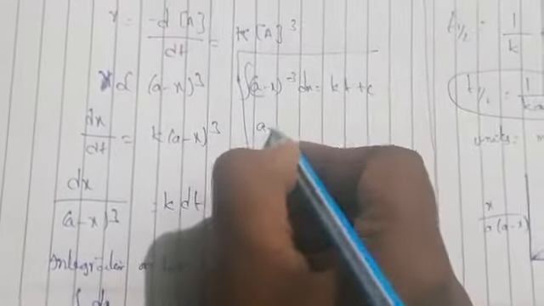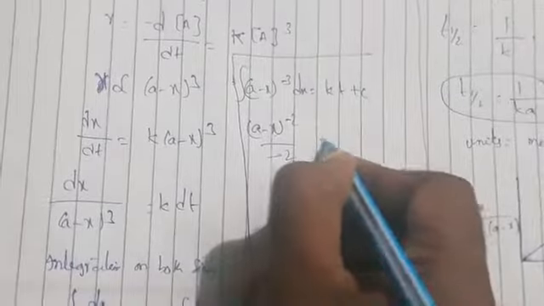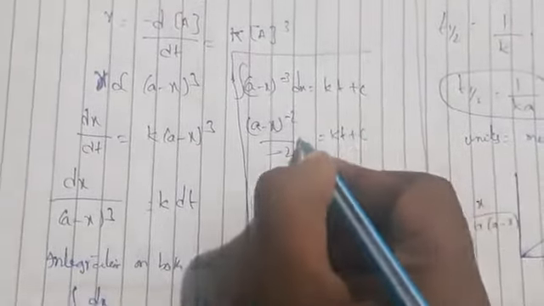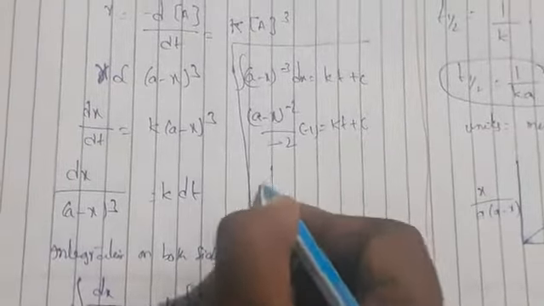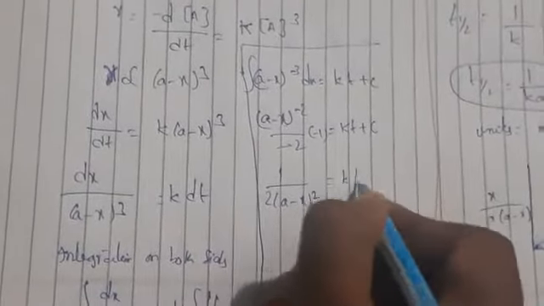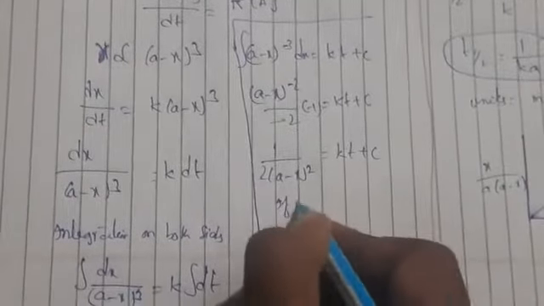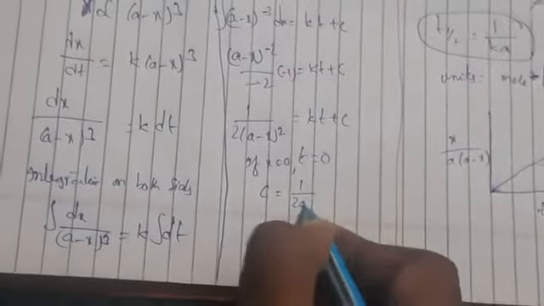So we'll be getting (A minus x) to the power minus 2 by minus 2 is equal to kt plus c, which will be multiplied by minus 1. Minus minus will get cancelled. Then we are getting 1 by 2 into (A minus x) whole square is equal to kt plus c. If x is equal to 0 when t is equal to 0, then c will be 1 by 2a square.